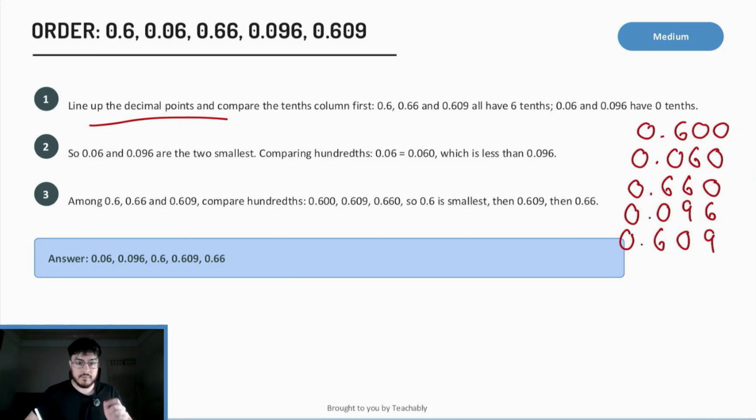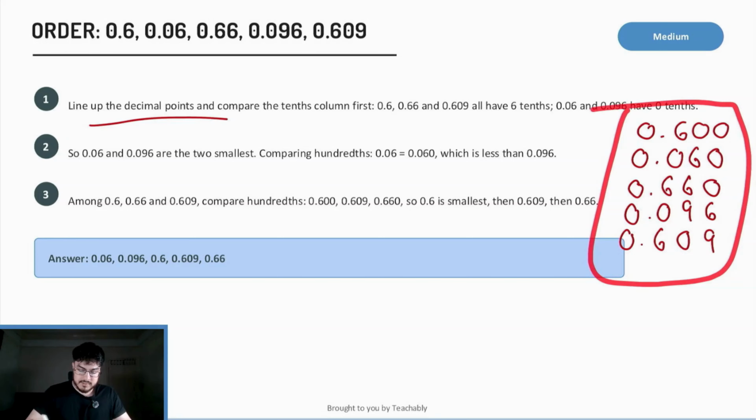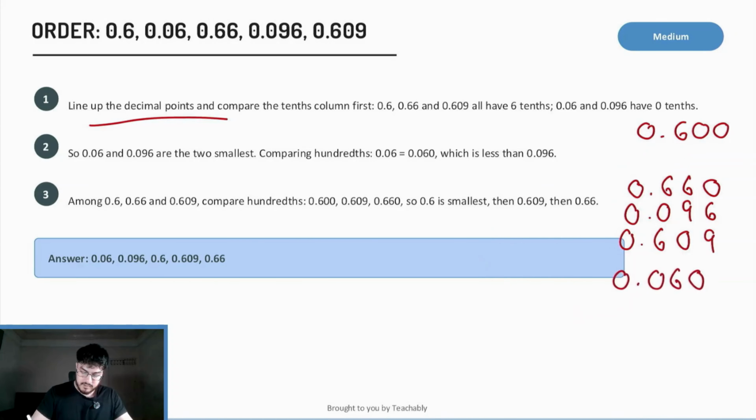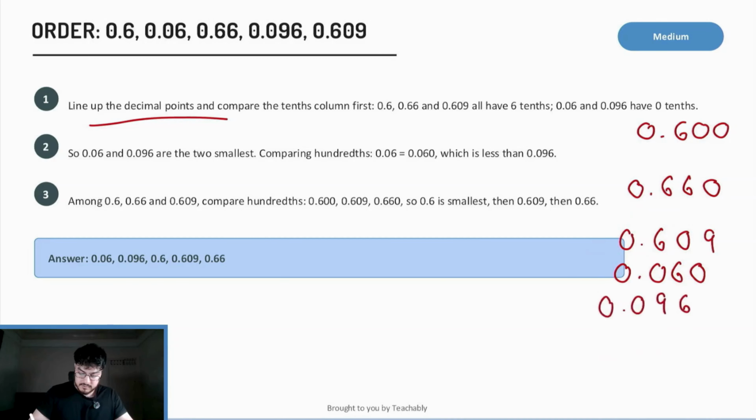So the first thing we can very easily see is that any of these decimals that have a digit in this first column is going to be higher value than one of the decimals that doesn't have any value in that place value. And so immediately I'm just going to reorganize this so that anything that doesn't have a digit in that first column is going to go to the bottom of the list.